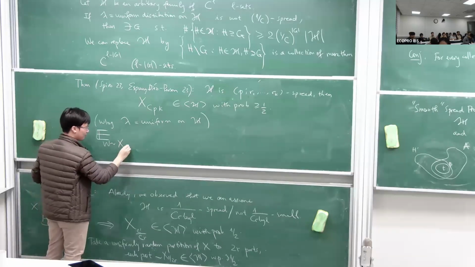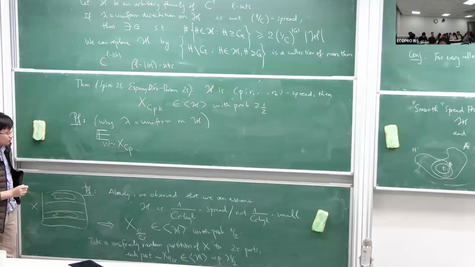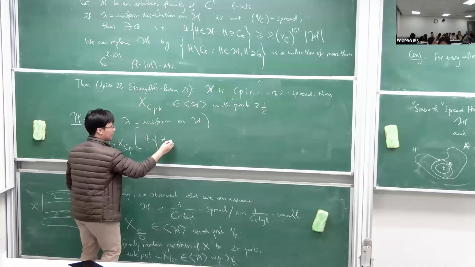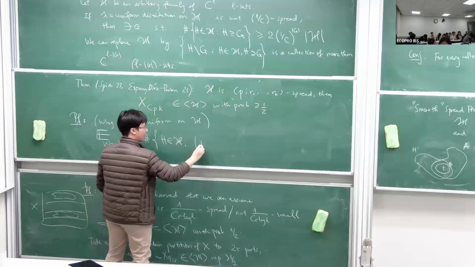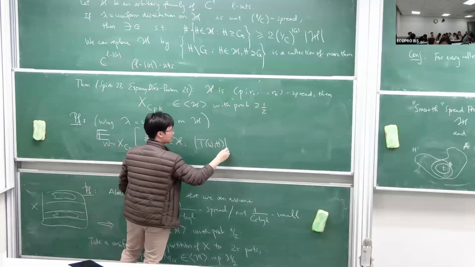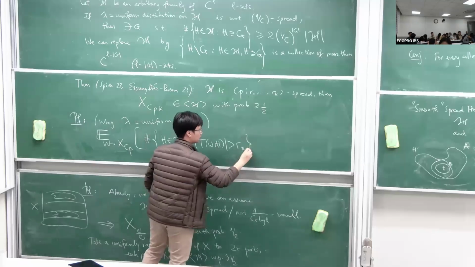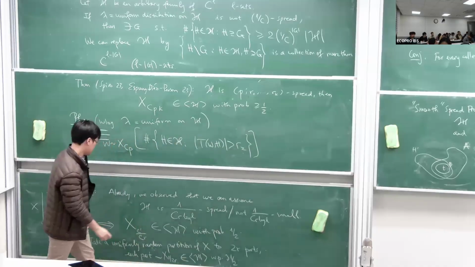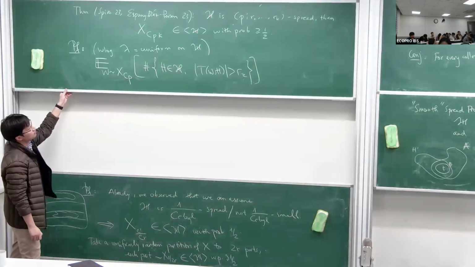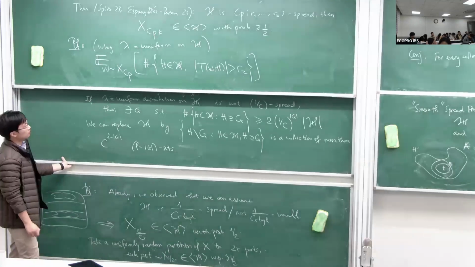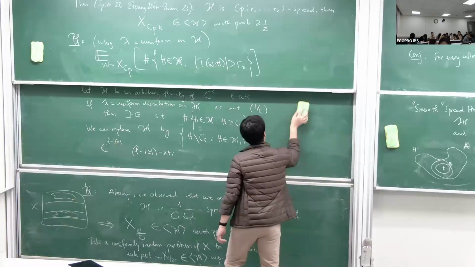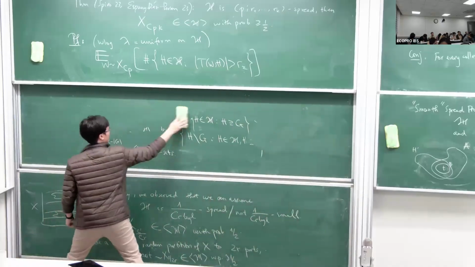So let's sample a random subset W of X with density C times p. And let's count the number of H for which the fragment has size larger than R2. We are going to do just the same things over again.